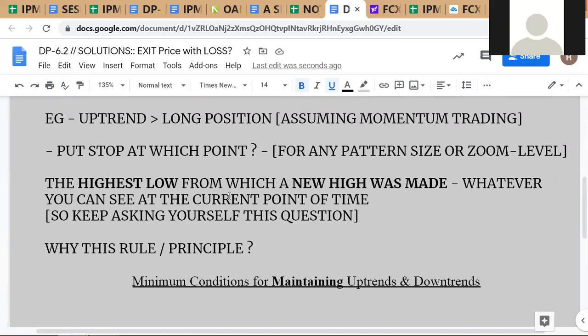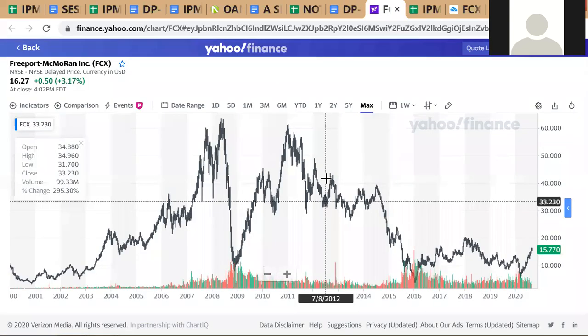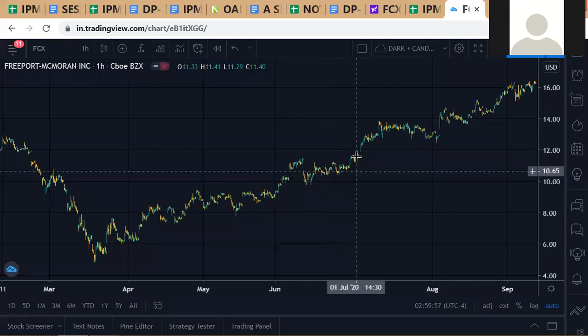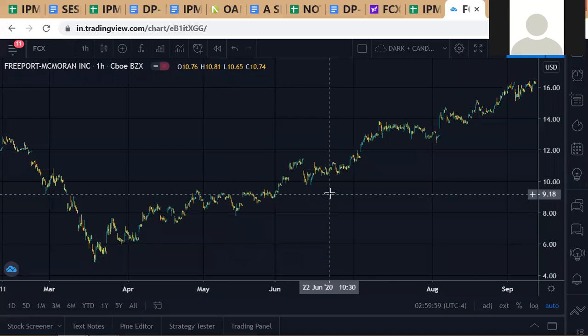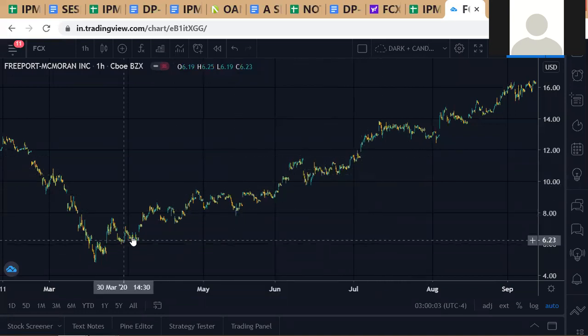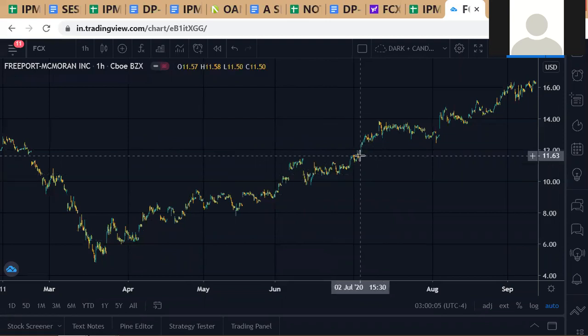Every kind of decision rule that we are coming up with is coming from some theoretical principle we already discussed. So it's a very long answer to Utsav's question, but I always give you long answers because I want to make sure that you understand the context. So look at it: what is the principle of maintaining uptrends?